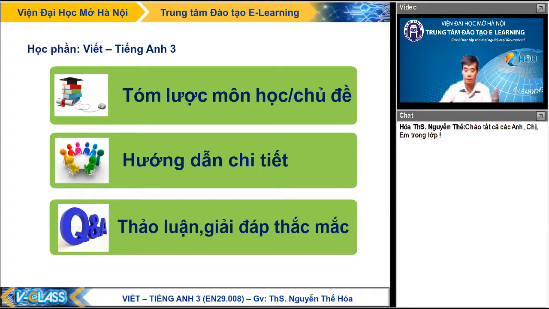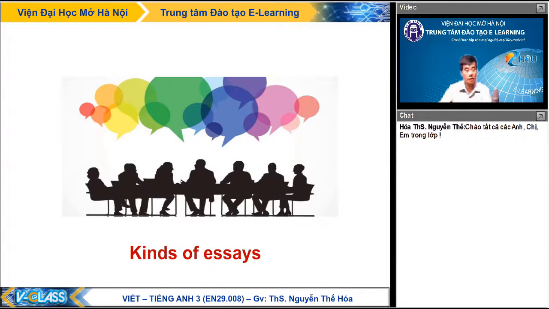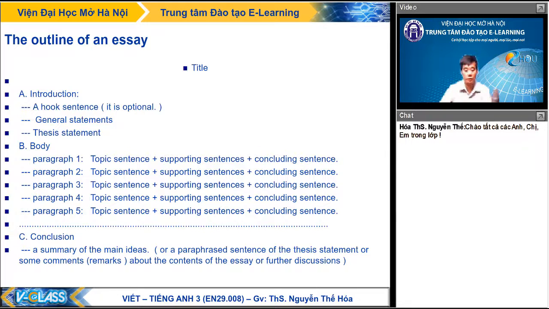And usually it is rather long, and also it is more complicated than writing a paragraph. In writing a paragraph we have 3 parts, but in writing an essay we also have to pay attention to 3 parts.